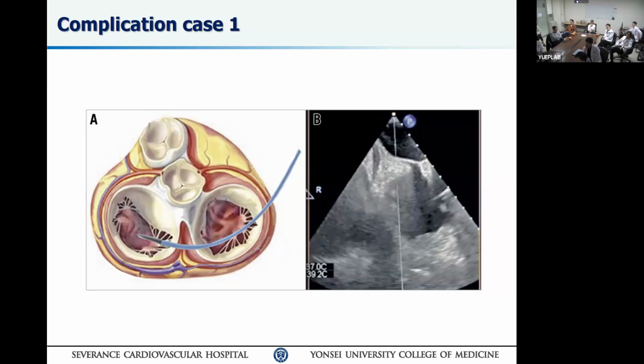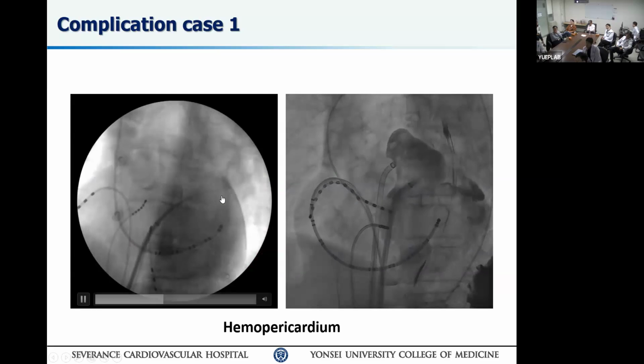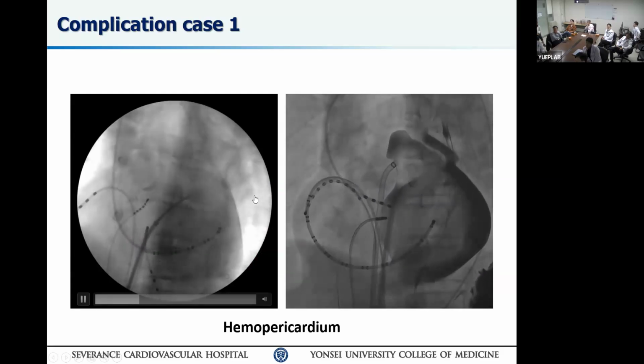Some people have a posteriorly directed LA morphology. If you see in the X-ray RAO view, if you aim for too posterior a side, you might go into the interatrial fold. And if you go into the interatrial fold and put the sheath in, you might have this kind of consequence.